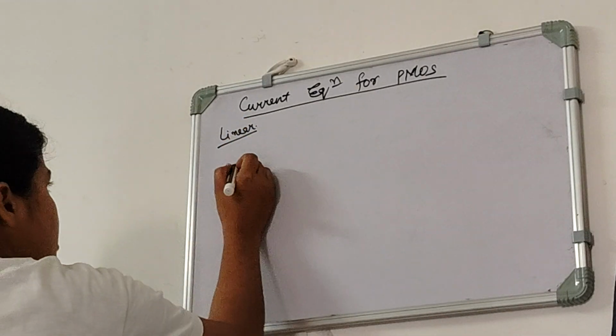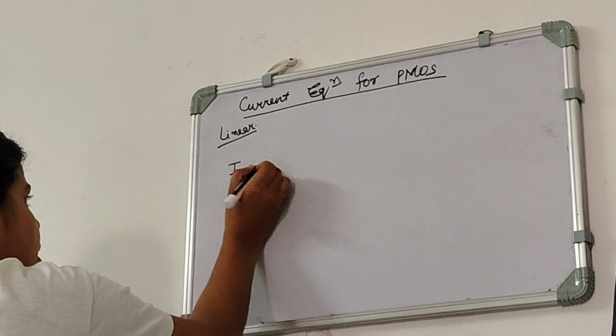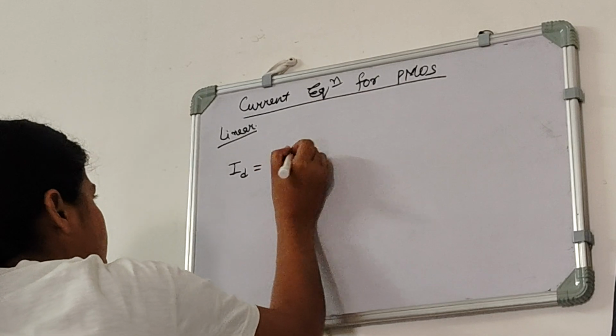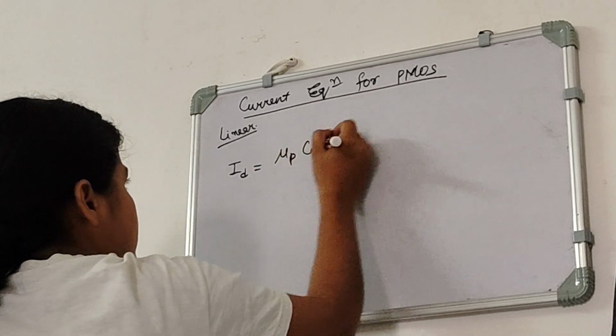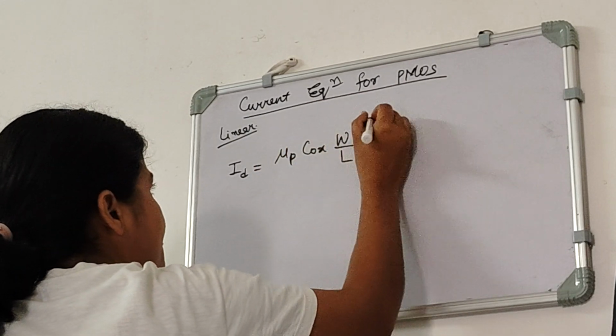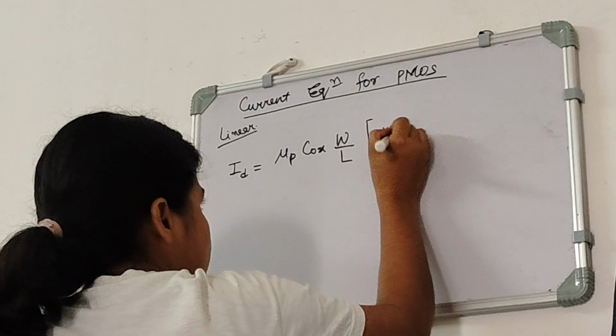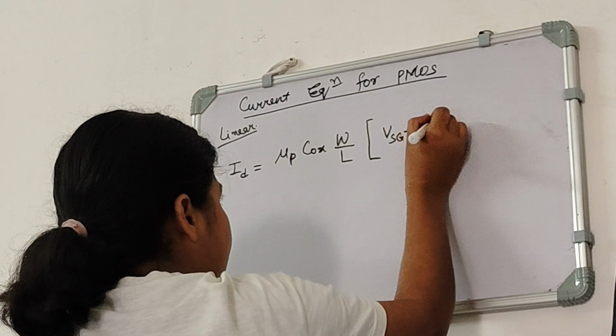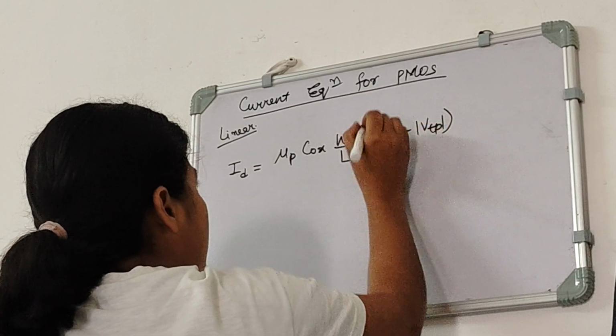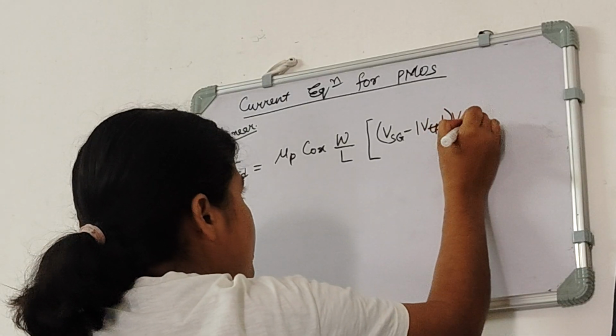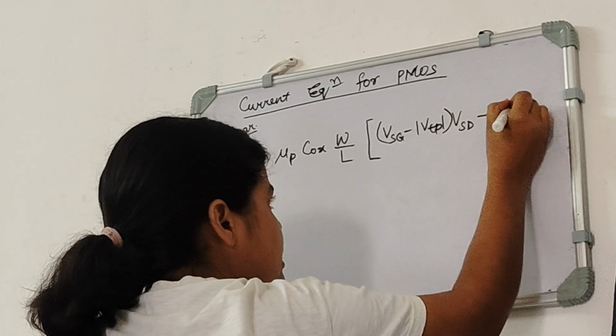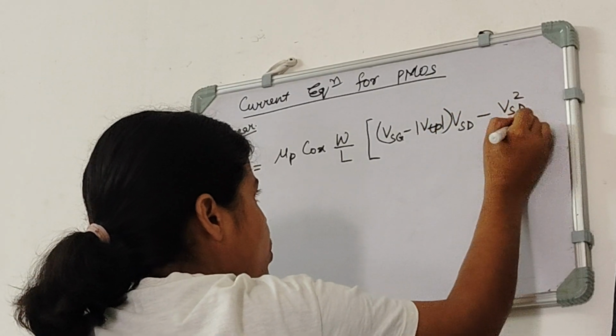In the linear region, our current equation will be ID equals mu p COX W upon L times VSG minus mod of VTP, into VSD minus VSD square upon 2.